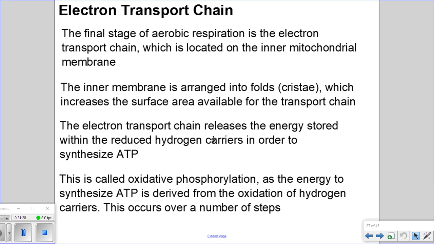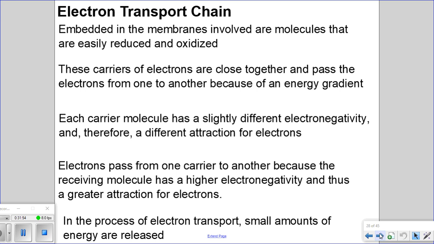This process is called oxidative phosphorylation, as the energy to synthesize ATP is derived from the oxidation of the hydrogen carriers. And this will occur over a number of steps, which shouldn't come as a surprise at this point. As I mentioned, that whole process of cell respiration is a series of small steps. So this electron transport chain is going to be a series of small steps.